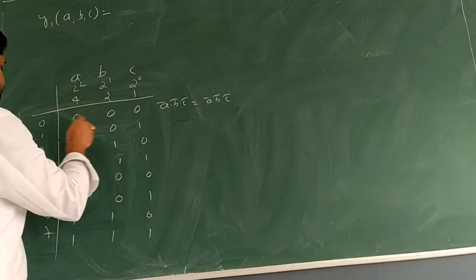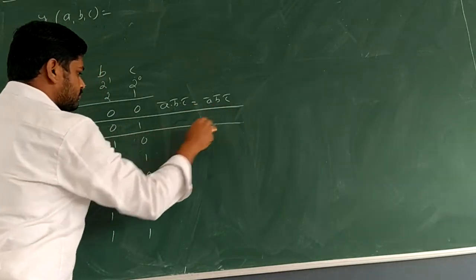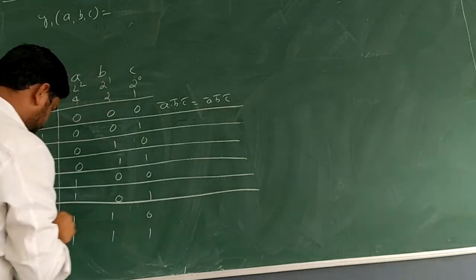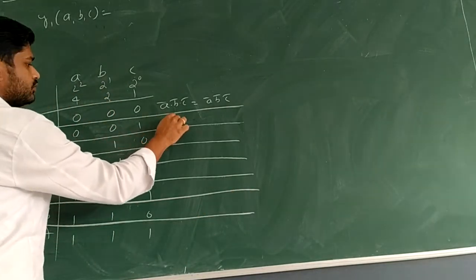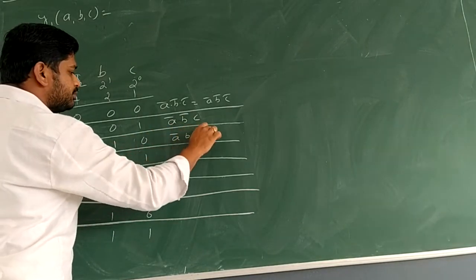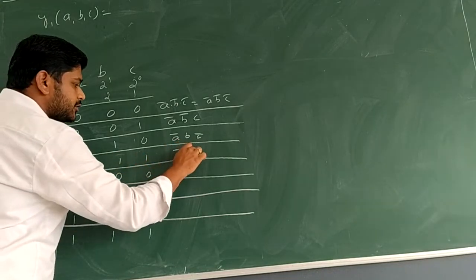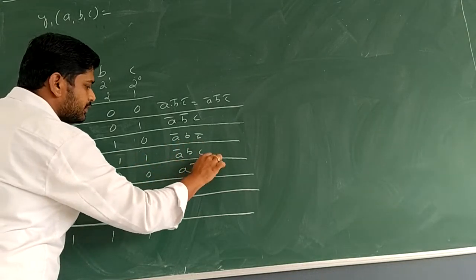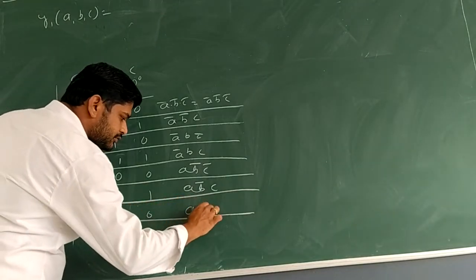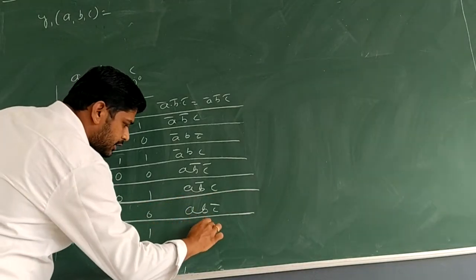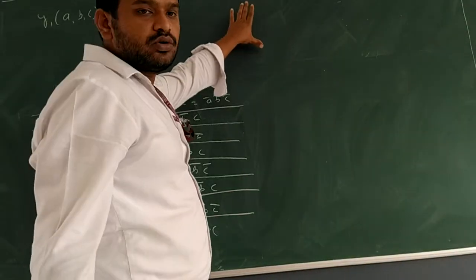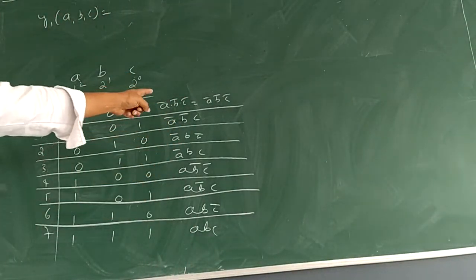So come to the second row. A complement, B complement, C, value 2: A complement, B, C complement; A complement, B, C; A with B complement, C complement; A with B complement, C; next A, B with C complement; last one, A, B with C. Why I am writing the last column in terms of variables is that I will write the layout of the K map for three variables, and there I will get these functions.